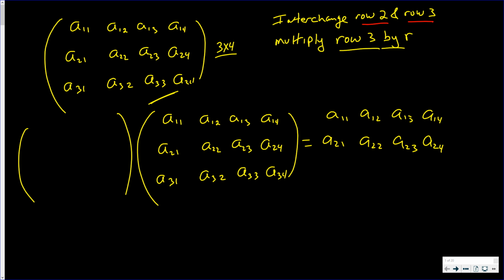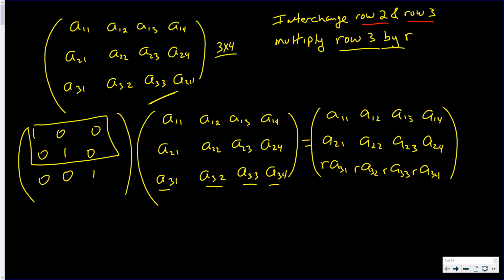And I want to get back r times row 3. That is, each of these entries gets multiplied by r. So I write down the identity matrix. Since I'm not changing row 1 or row 2, I'm not going to modify this at all.